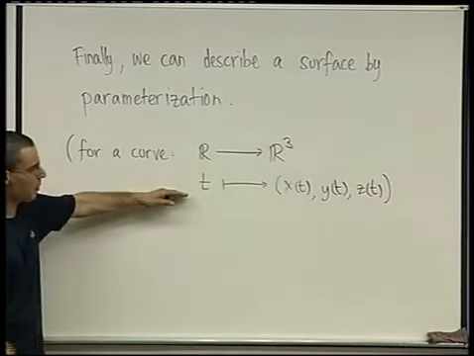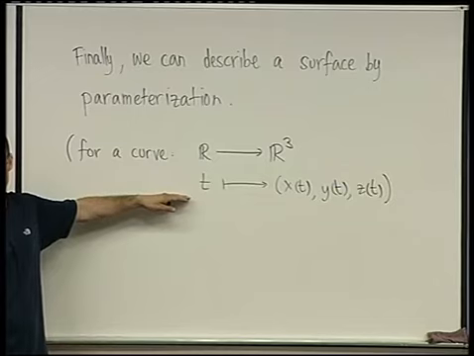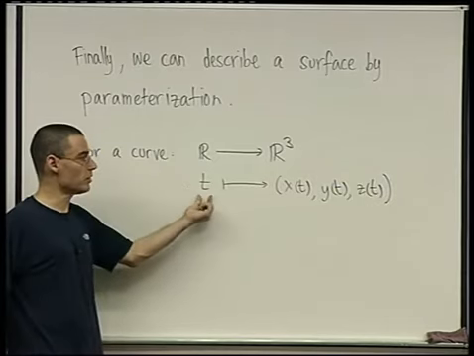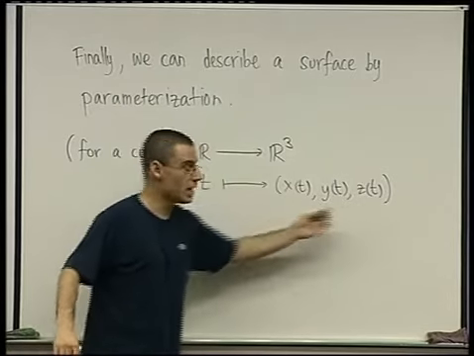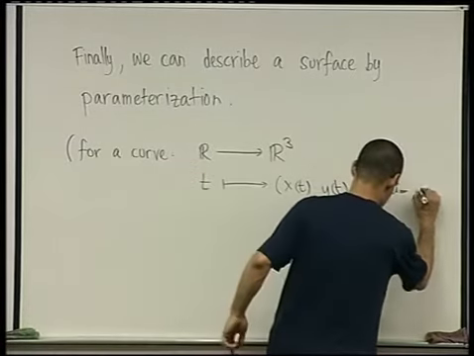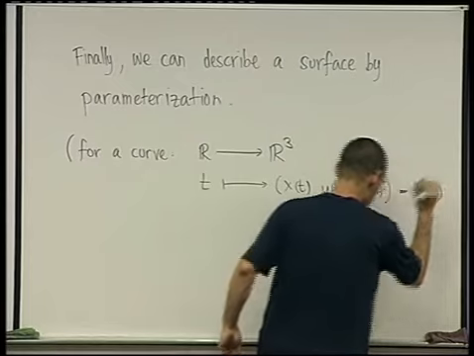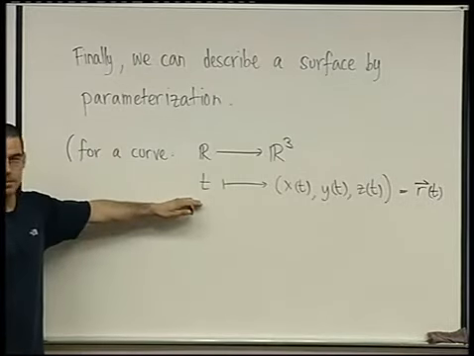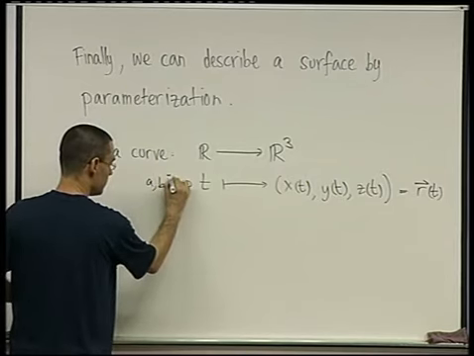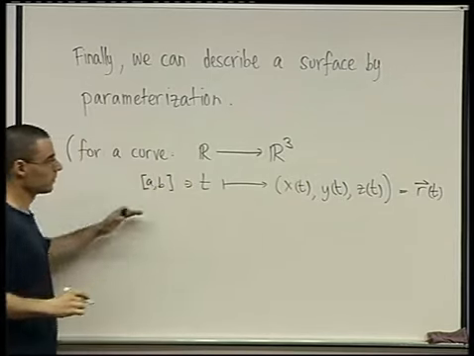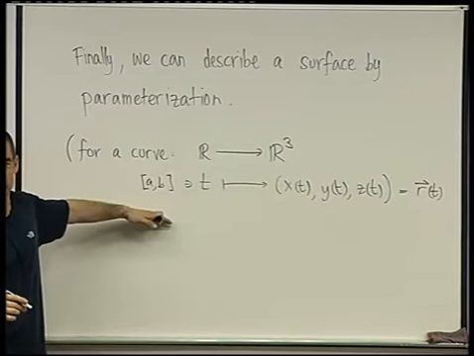This was how we parameterized the curve. Remember this? We took t in some interval a, b, three functions x, y, and z, and we called this r of t. Does everybody remember what I'm talking about?